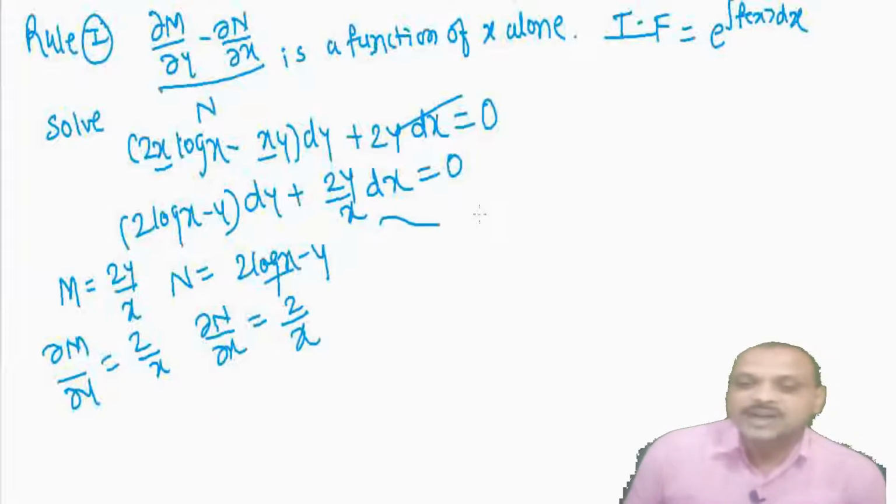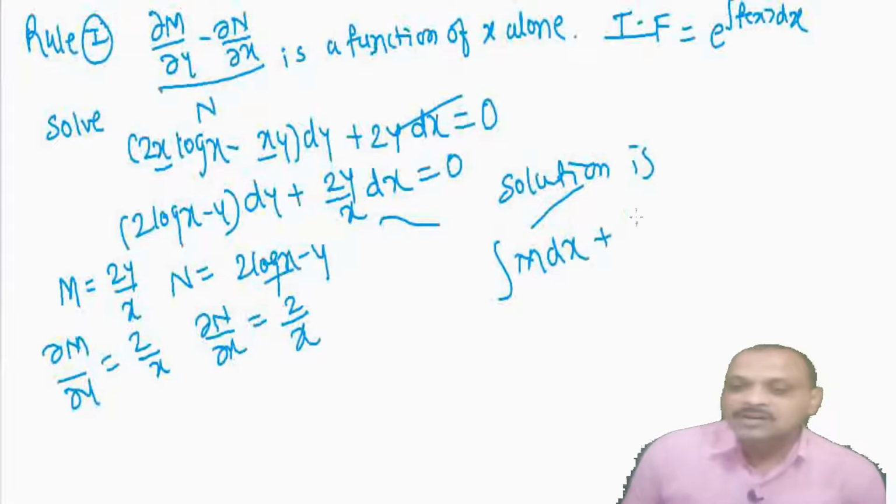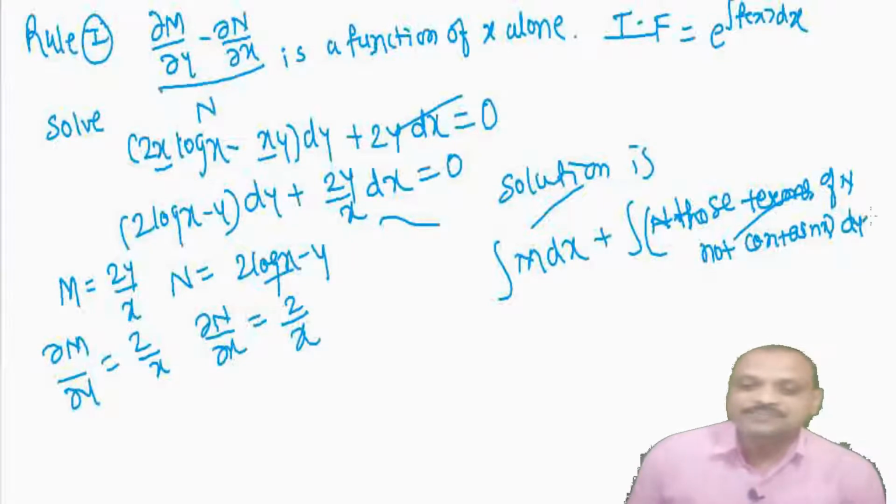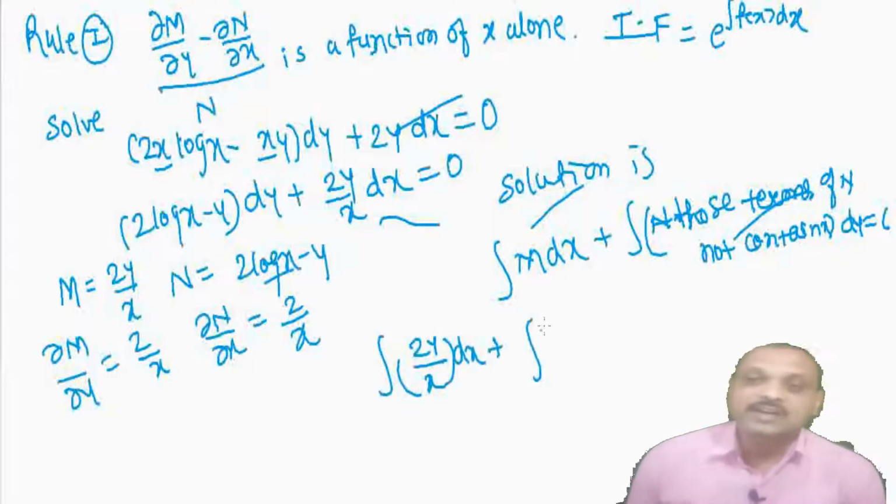Then we know that the solution is integration of m into dx plus integration of those terms of n not containing x into dy equal to c. Integration of m, 2y divided by x into dx, plus integration of those terms from n that do not contain x.